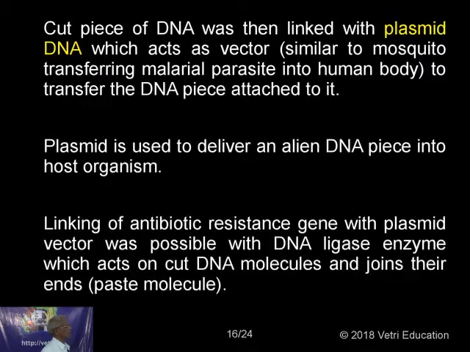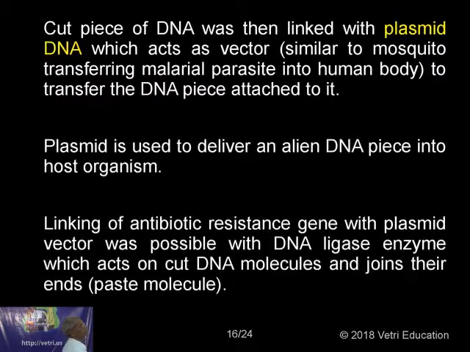Linking of the antibiotic resistance gene with the plasmid vector was possible with the DNA ligase enzyme, which acts on cut DNA molecules and joins their ends. That is what is called the paste molecule.